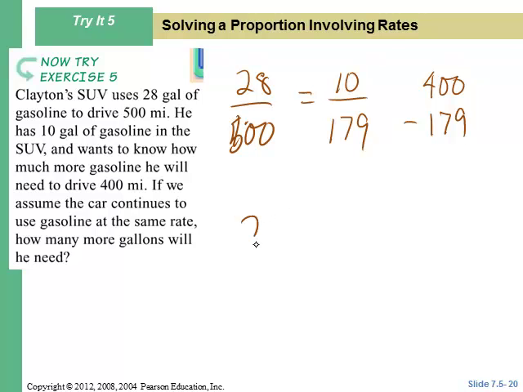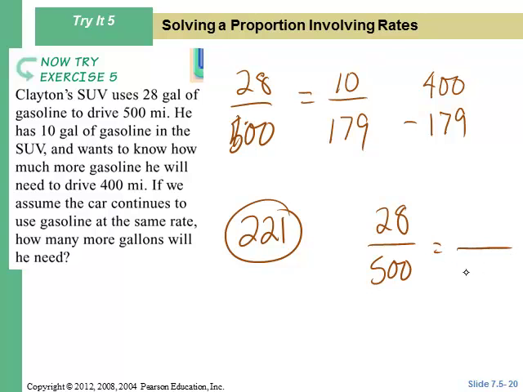He needs 221 more miles worth of gas. So 28 over 500 equals how much over 221? He needs about 12.4 gallons more.